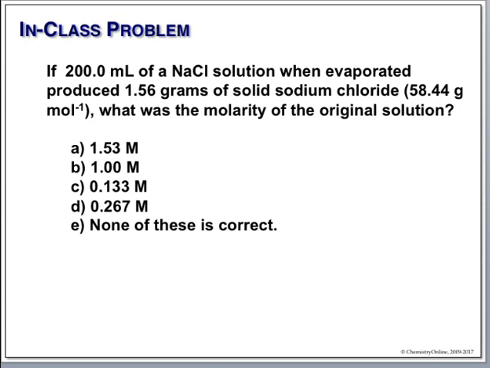Well, that's a really fancy way of saying we had 1.56 grams of this stuff in 200 mils, right? We know a mass, we know a molar mass, so we know how many moles that is. Number of moles divided by our volume, and we get molarity.